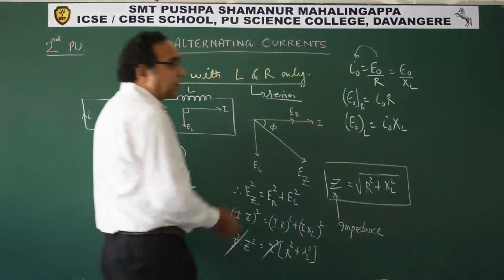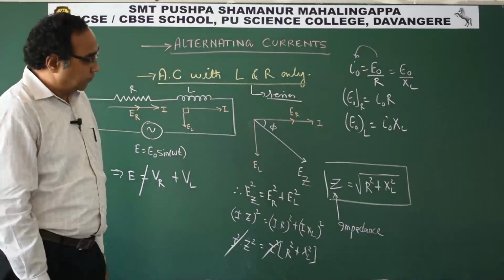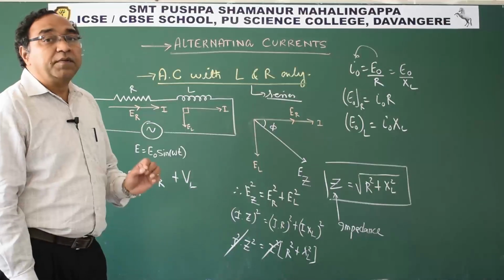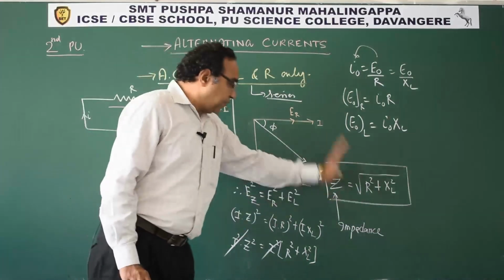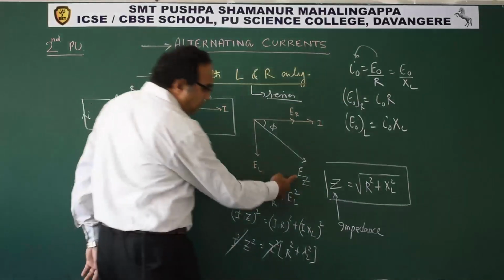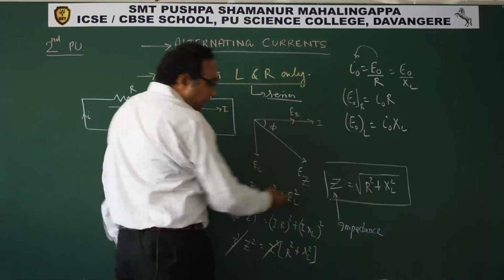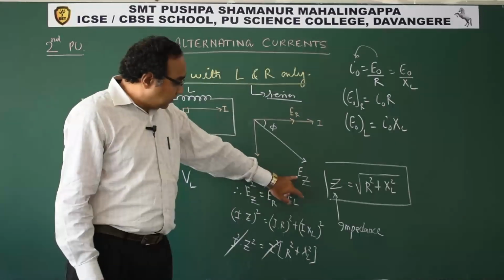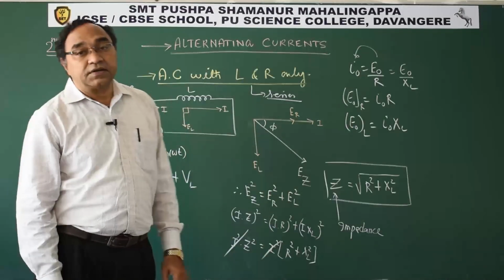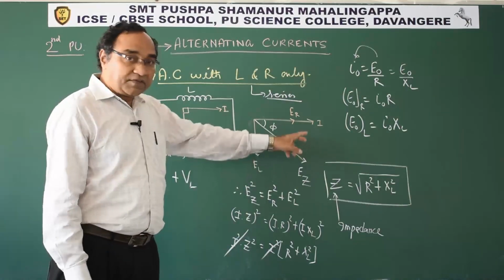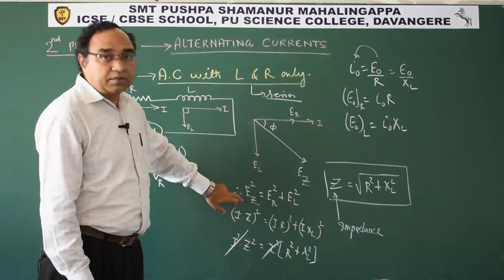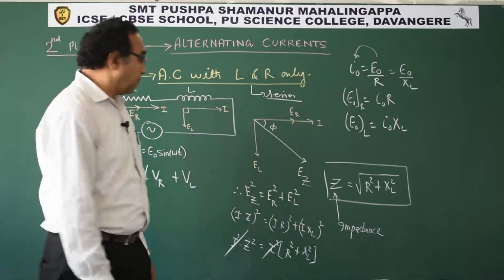Now the question arises, what will be the expression for current? We got Z. That is why we wrote E with a subscript Z. This means this is the resultant voltage of LR circuit. Numericals are based on this equation, remember.